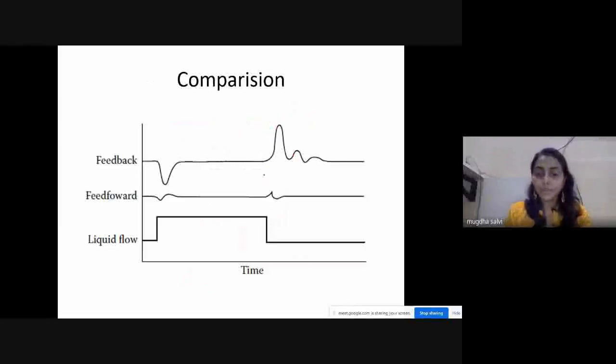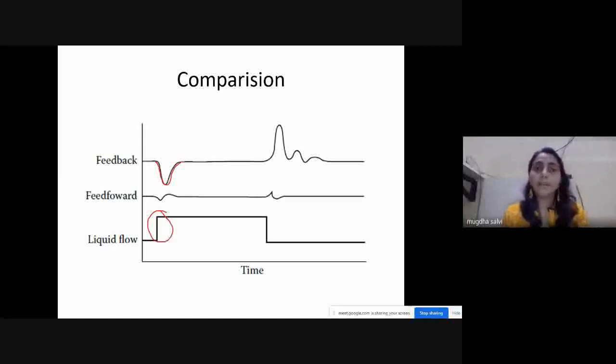The same is shown in this diagram. If my liquid flow increases, my signal at the output, that is my temperature T out, drops. After the temperature drops, my controller will take an action in the case of feedback.